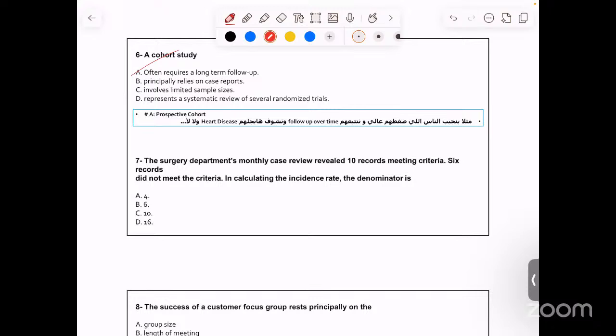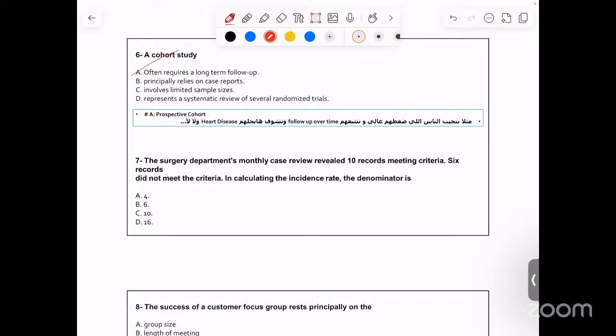So what's the answer? How many new cases in the statement? Okay, so we have 10 records.